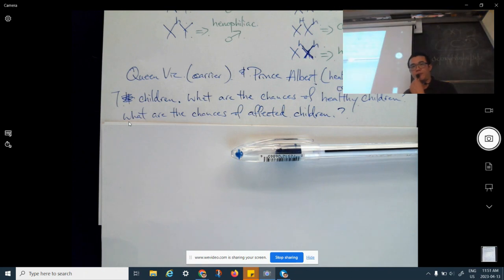So Queen Victoria, Queen Vic, is a carrier, as we saw earlier, and Prince Albert, a healthy male, has 7 children. What are the chances of healthy children? What are the chances of affected children?